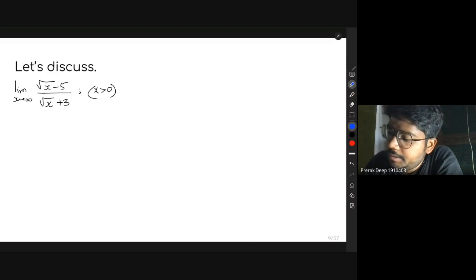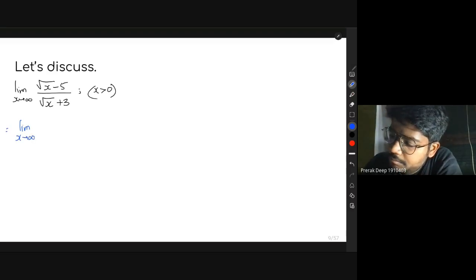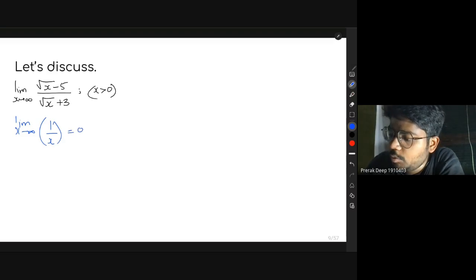Okay, so since x is tending to infinity, the idea is to use the fact that the limit of 1 over x as x tends to infinity is equal to 0. How do we get that?